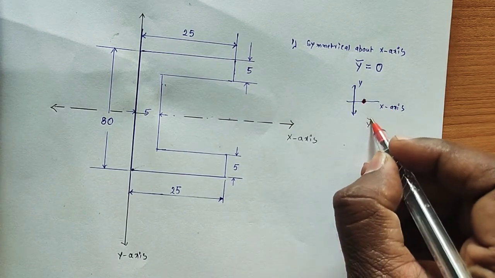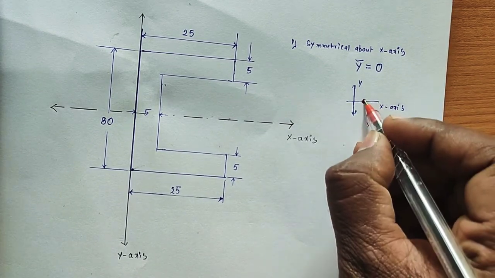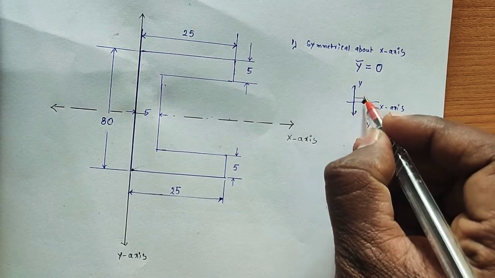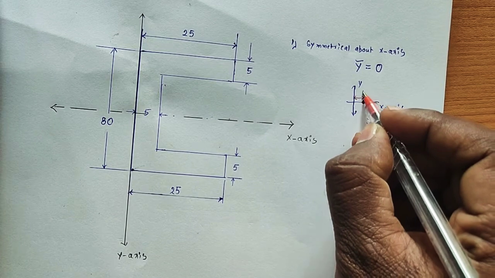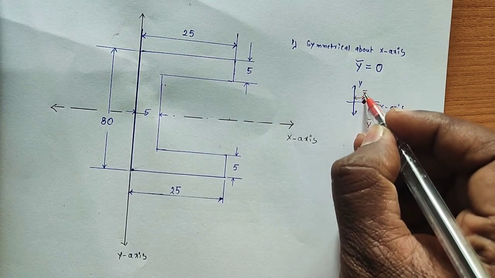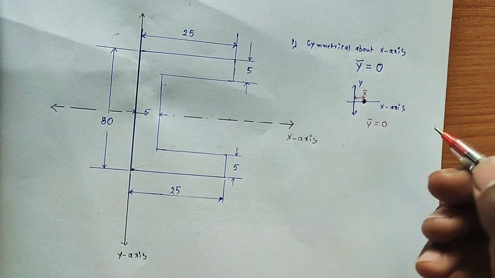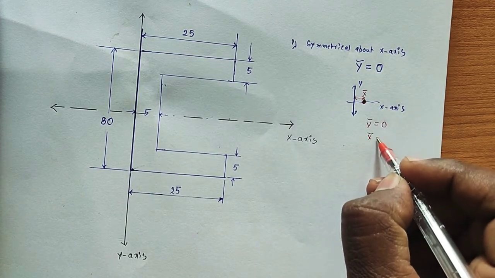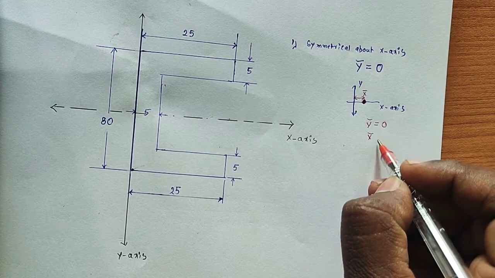That y bar here is 0 because the centroid lies on the x-axis only, but we may have x bar. If you measure the distance from the y-axis, then you can call it x bar. So y bar is 0, but some value of x bar is present.